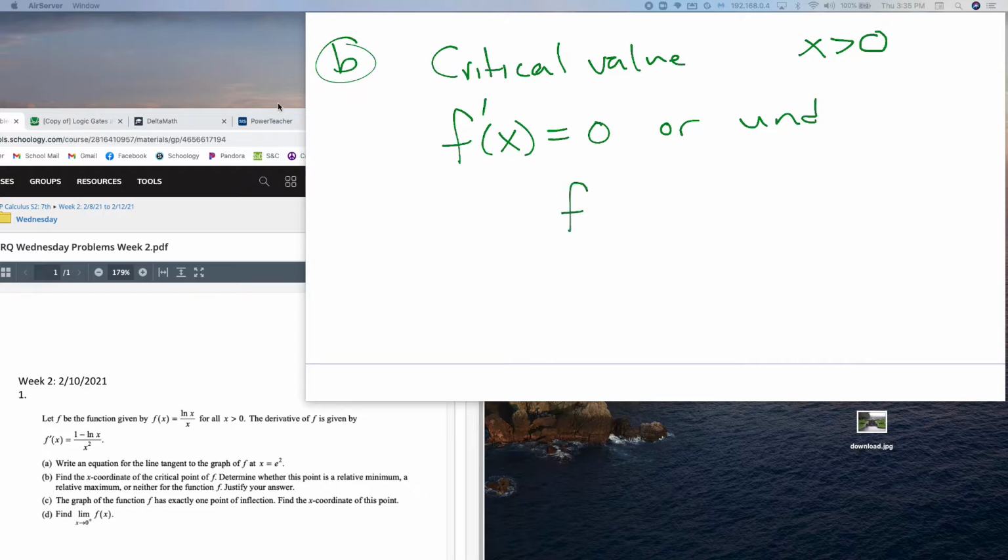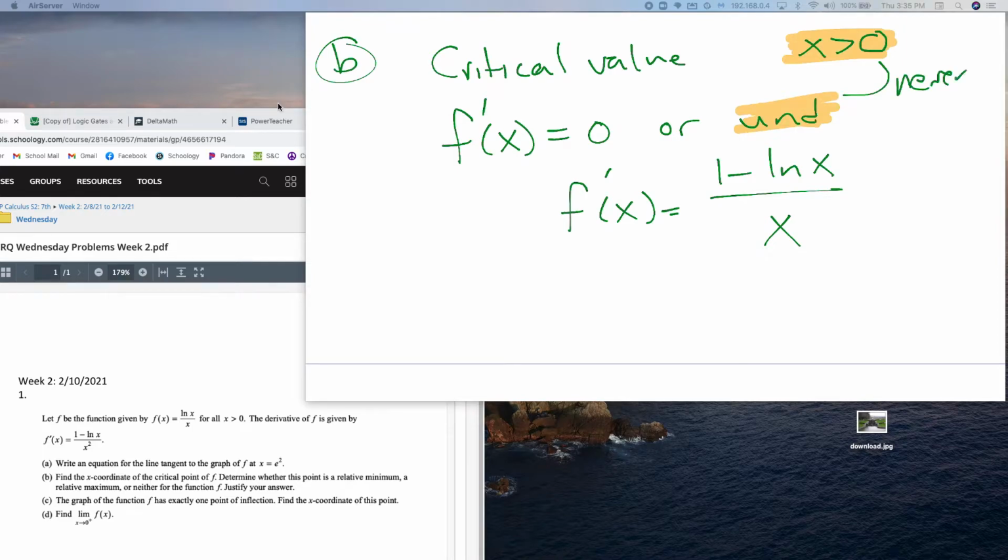So when f prime is equal to 1 minus the natural log of x divided by x, because of this, we will never get it undefined.